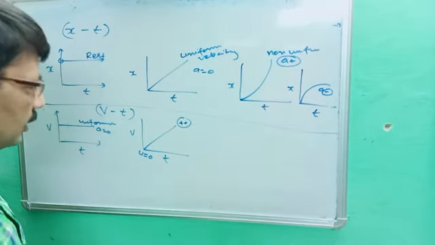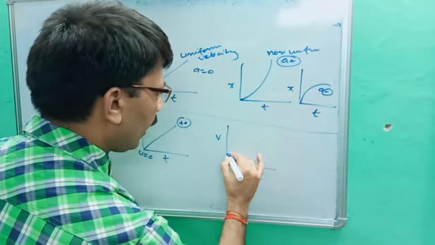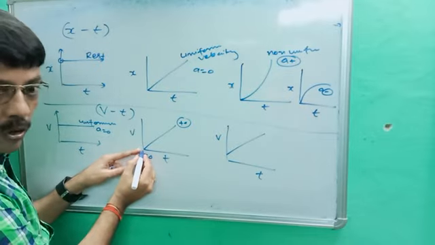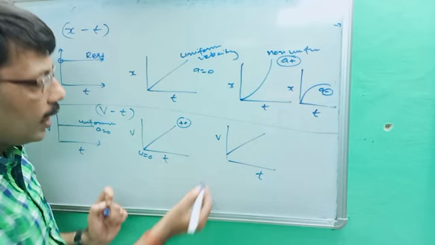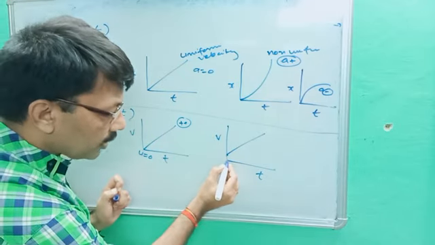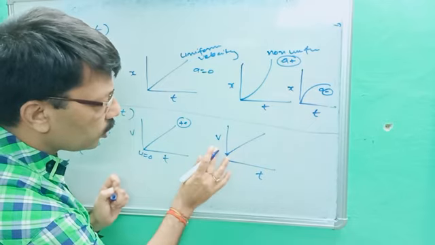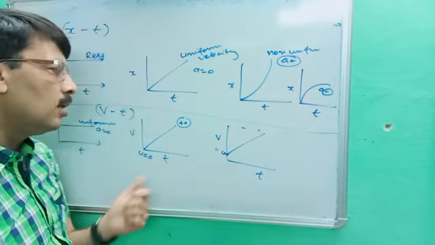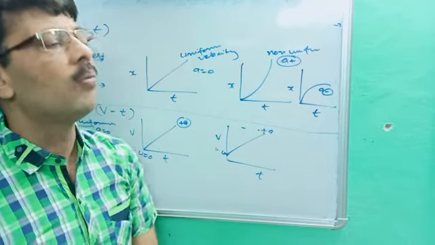In this vt graph your body started from the origin, that's why u is equal to 0. It means your initial velocity was 0, while in that graph your body did not start from the origin, it started from here. It means u is not equal to 0. It means its initial velocity is u and its final velocity is v. This is also called positive acceleration. It means the body is getting accelerated.